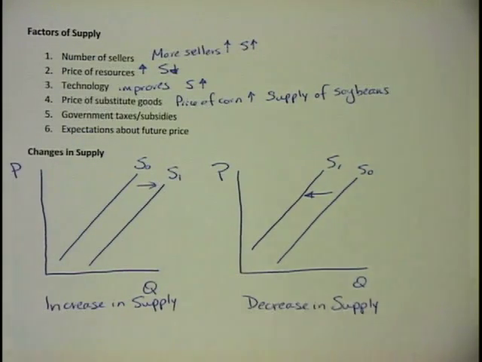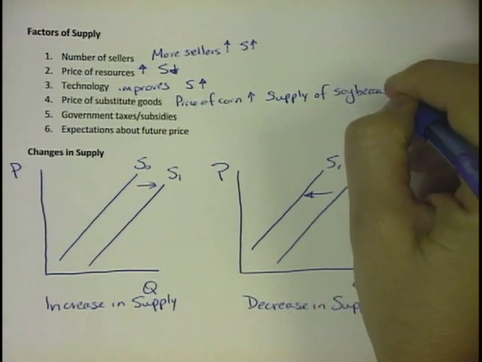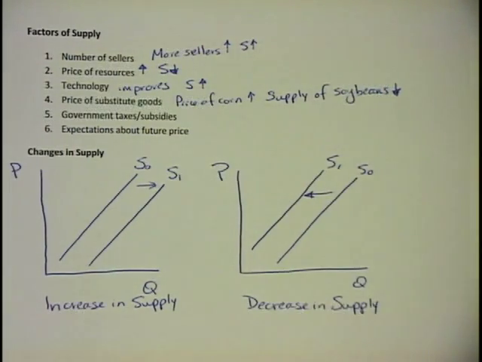So if the price of corn goes up, I'm going to produce more corn, and I'm going to produce less soybeans. If we're talking about our area, if the price of Valencia oranges goes down, I don't want to produce so many of those. I might produce more grapefruit.